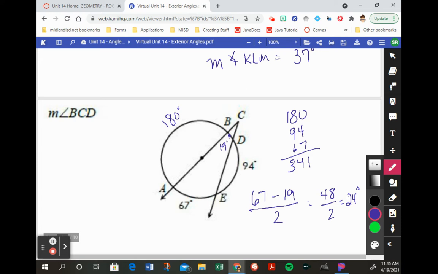Should be smaller than that. Maybe not. Huh. Okay, I will double check that one, but that's what we're going to go with right now.